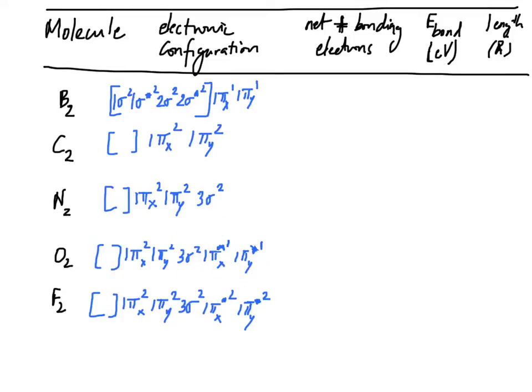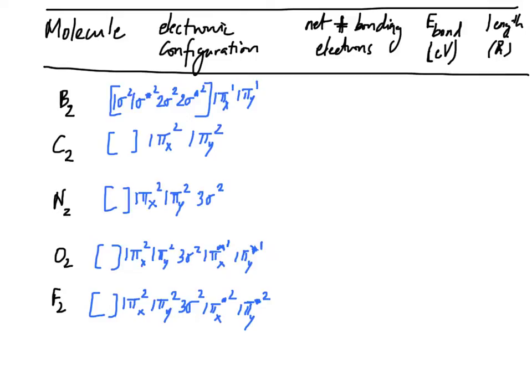You have two electrons which you have to place in two equivalent degenerate pi orbitals, and so you have to place one in one of them and the second one in the other, and so you have two unpaired electrons. So this actually explains the paramagnetism of oxygen.